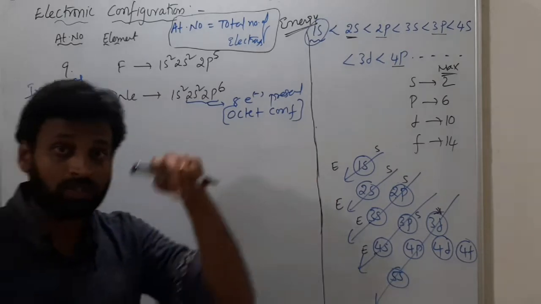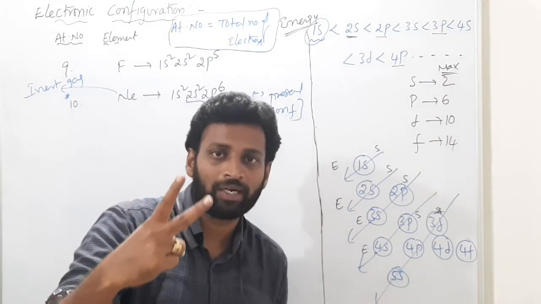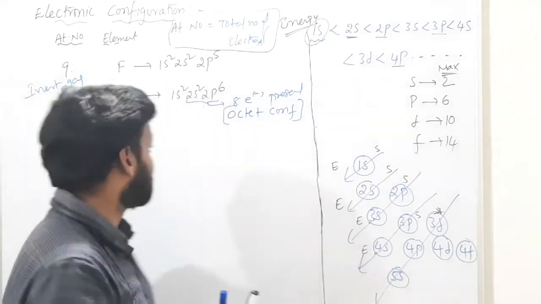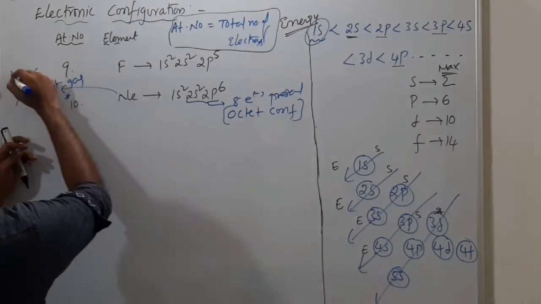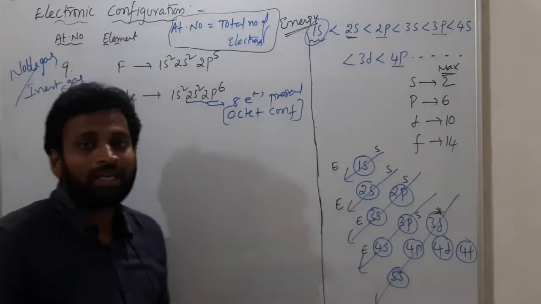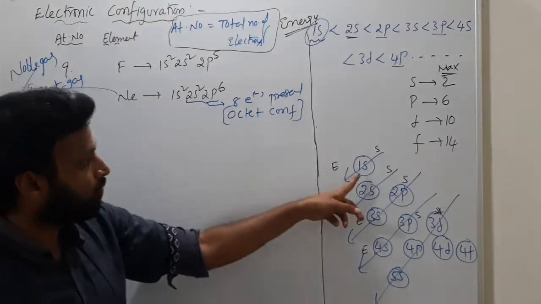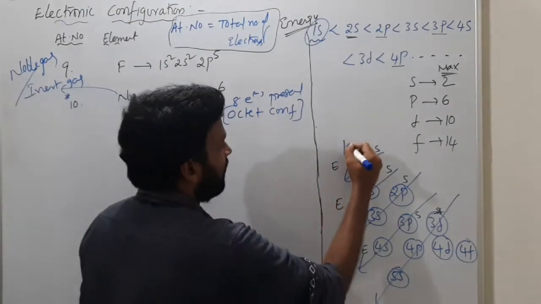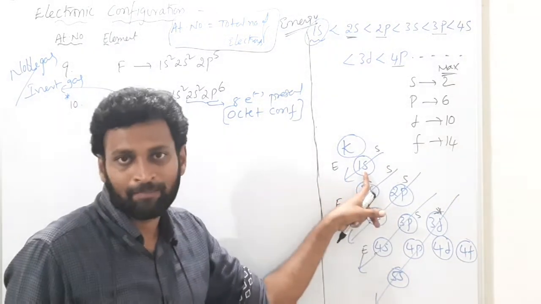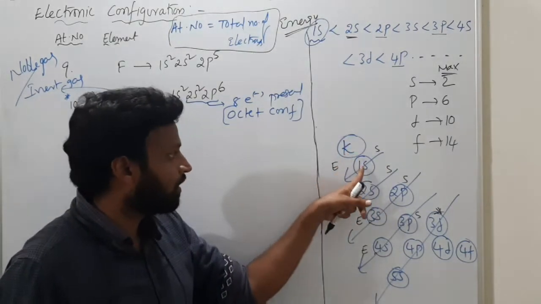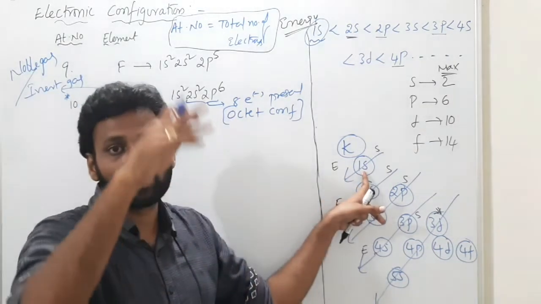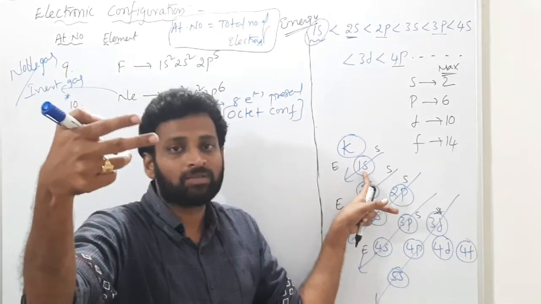In the previous one I forgot to say helium also has a duplet configuration; that is also a noble gas or inert gas. Inert gas is also called what, sir? Noble gas. Please remember. Why is helium also a noble gas? Because in the K shell only the 1s subshell is present, and it is completely filled, 1s2, because s can have a maximum of 2 electrons.